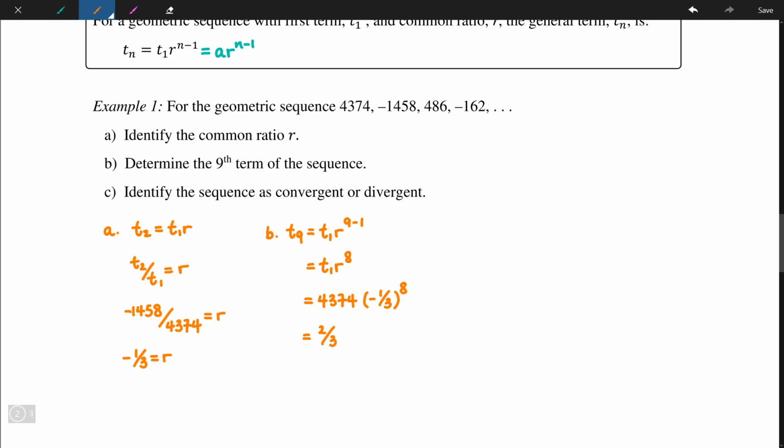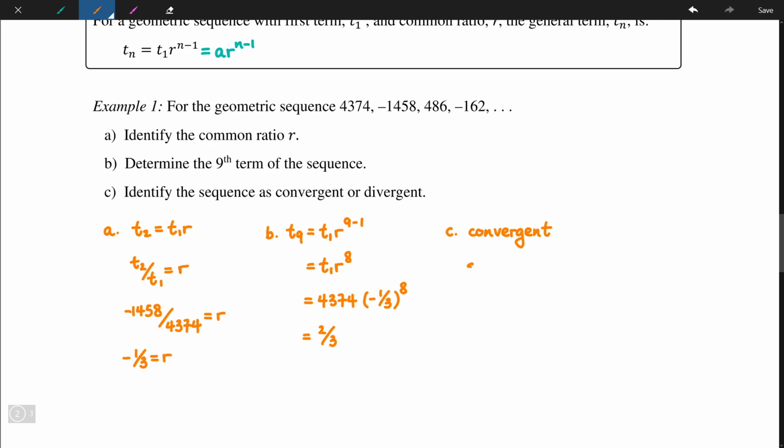Okay. And the last part, it says here to identify the sequence as convergent or divergent. It is convergent. As you can see, the absolute value of the terms are getting smaller. It is approaching 0. And what we're going to be looking at to determine convergent or divergent is the common ratio.